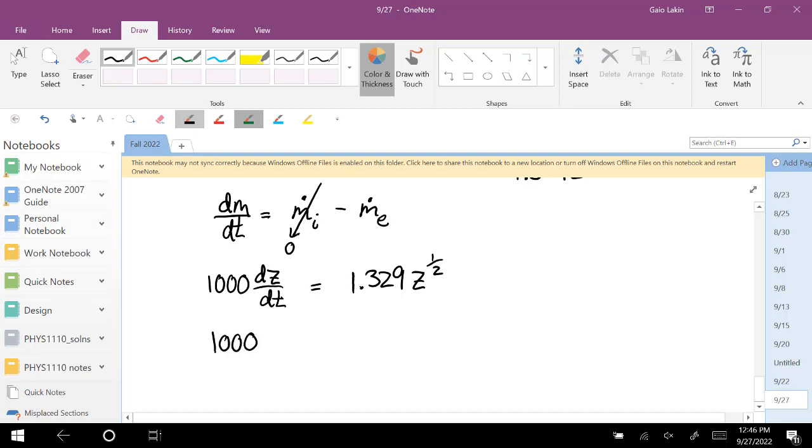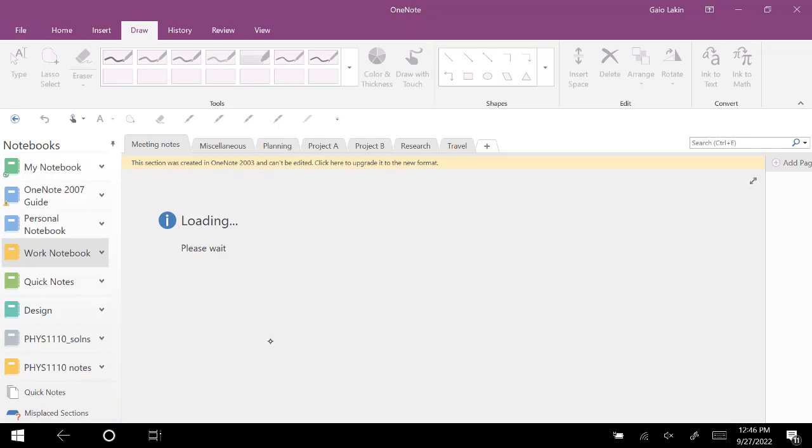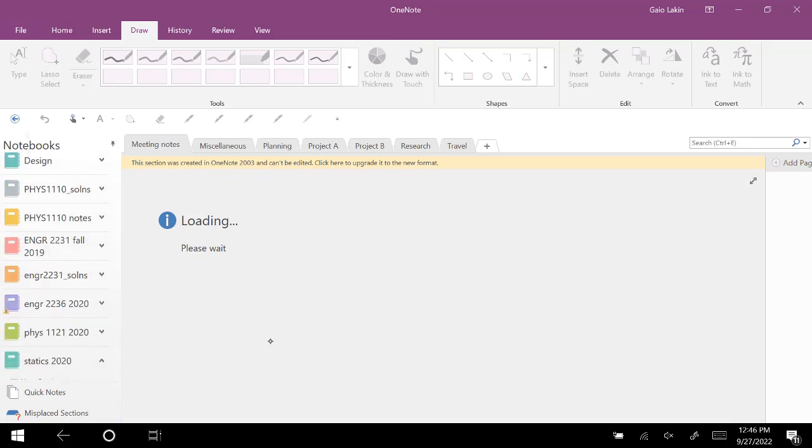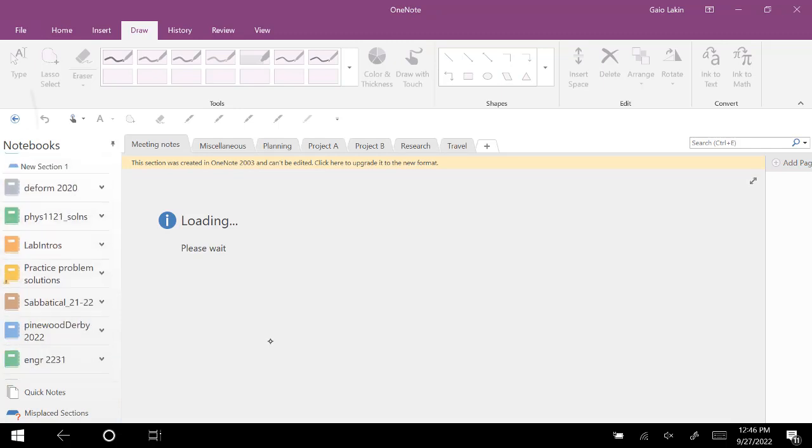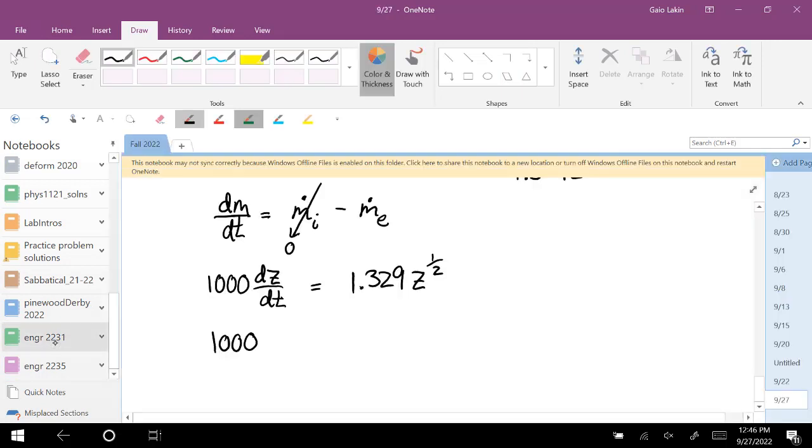Multiply both sides by z to the negative 1/2. So 1,000 z to the minus 1/2 dz is equal to 1.329 dt. And now you can integrate both sides of that.